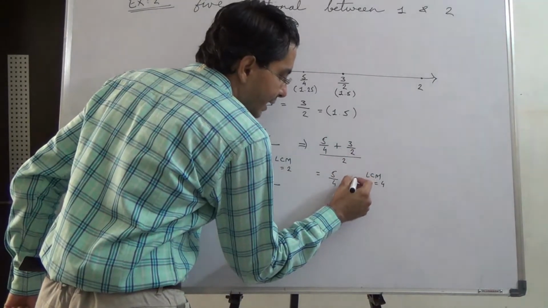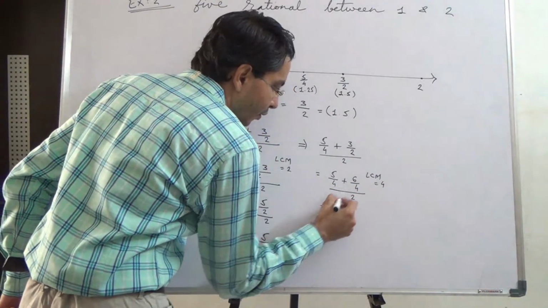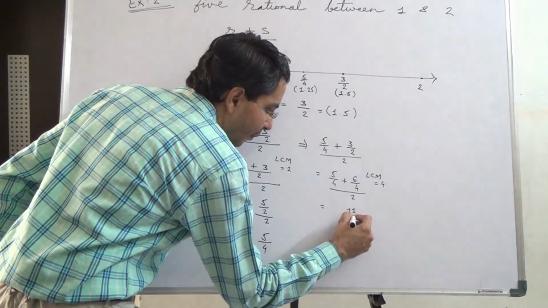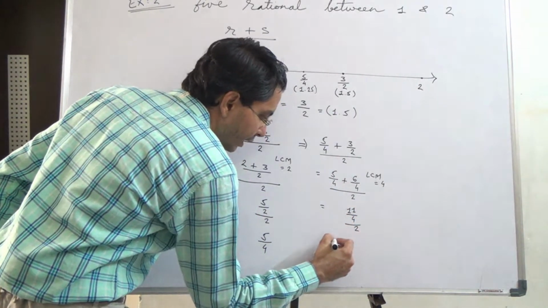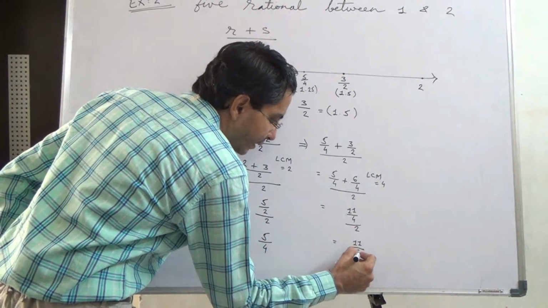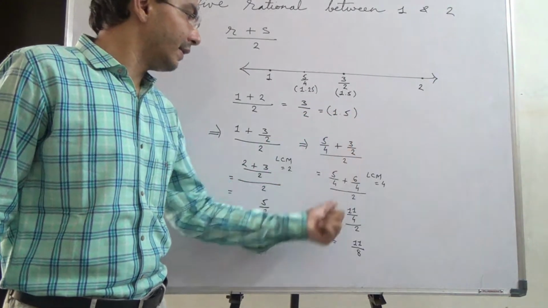So 2 threes are 6. 6 upon 4, divided by 2. So 5 plus 6 is 11, 11 upon 4 divided by 2. It means 11 upon 4 twos are 8, so this one is 11 upon 8.